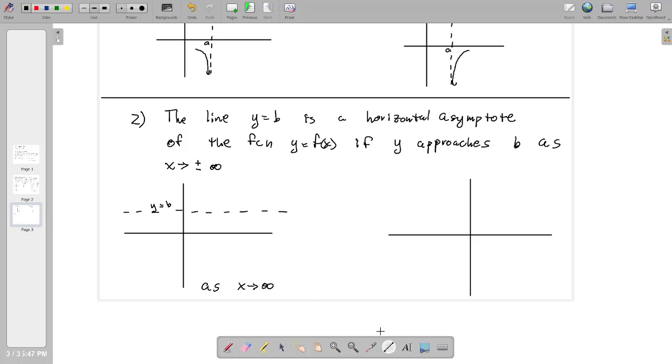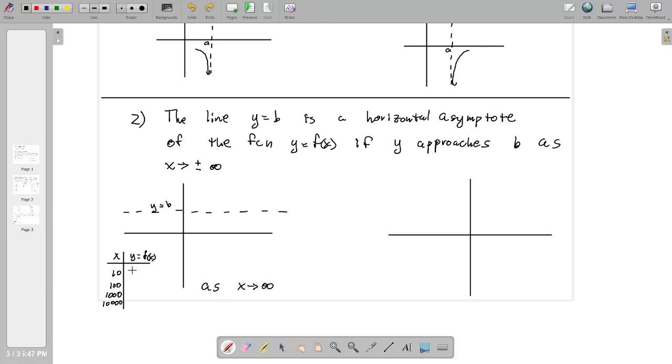Now, what this would look like if we were to plug in values, we would say x here, y equals f of x here. X could be 10, and then 100, and then 1,000, and then 10,000, and so on. And again, we can do this forever and ever, and let x get larger and larger and larger, and see what the y values are doing.